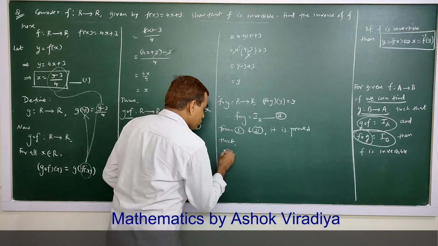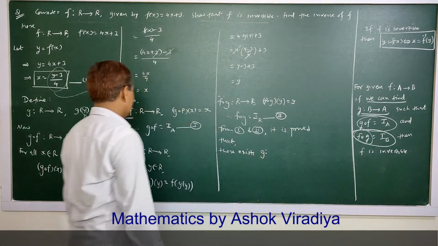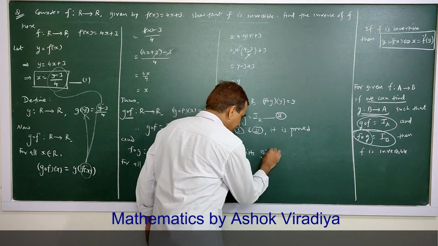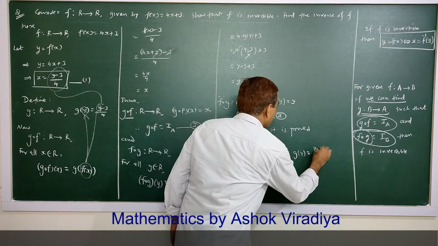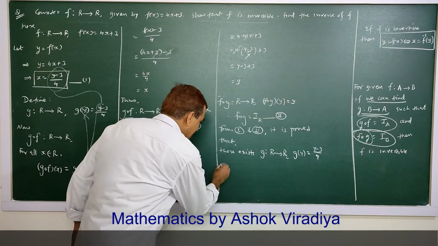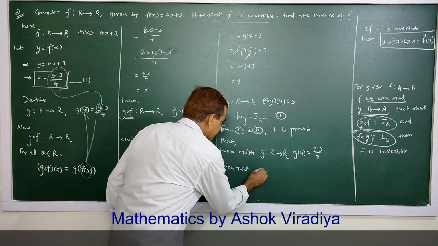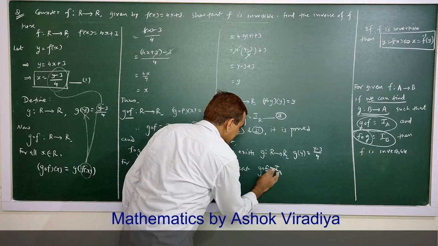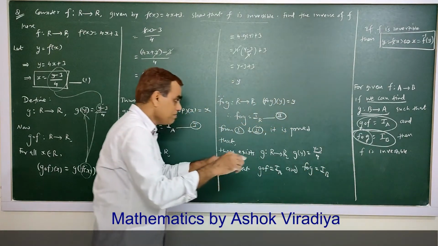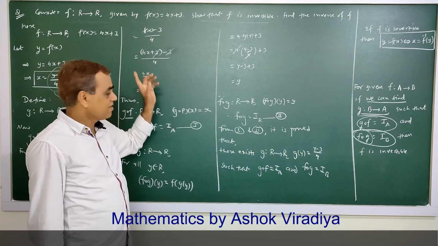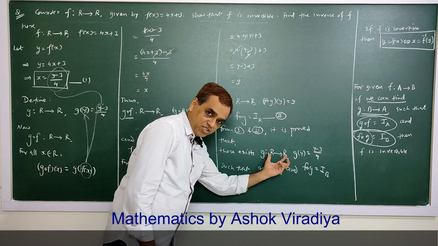So from 1 and 2 it is proved that there exists g from R to R, g(y) equal to (y − 3)/4, such that gof is the identity function on A and fog is the identity function on B. So for the given function f, there exists a new function g.